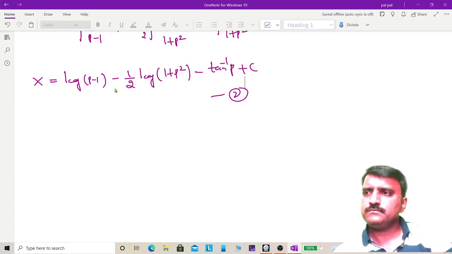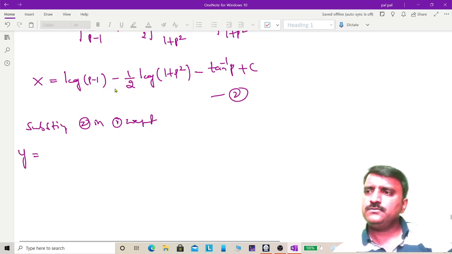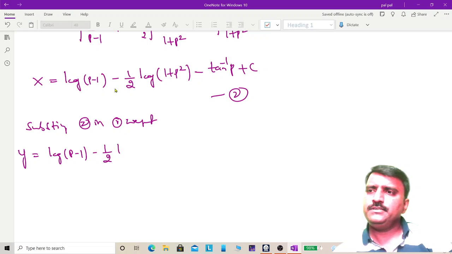Substituting 2 in 1, we get y is equal to x, that is log of p minus 1 minus 1 by 2 into log of 1 plus p square minus tan inverse of p plus c plus 2 tan inverse of p.